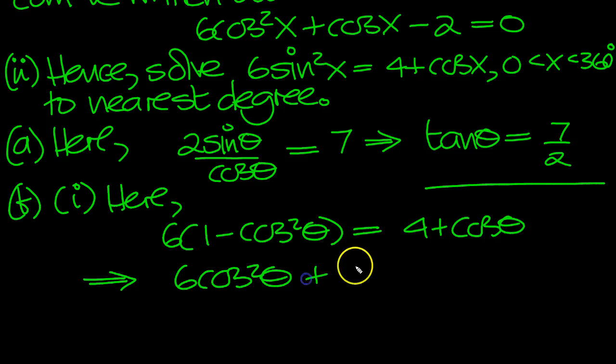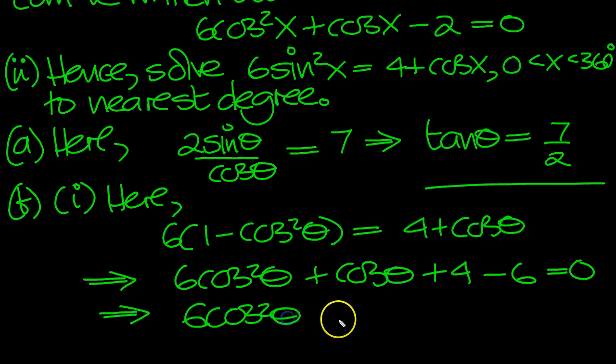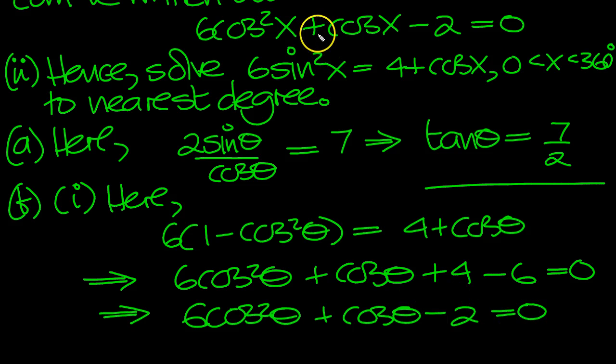The cos theta is already there. The 4 is already there. And then this 6 comes over to be minus 6. And that equals nothing, because we've moved both of these terms over the other side and flipped their sign. So that tells us that 6 cosine squared theta plus cosine theta minus 2 equals 0, which is what we wanted to show.